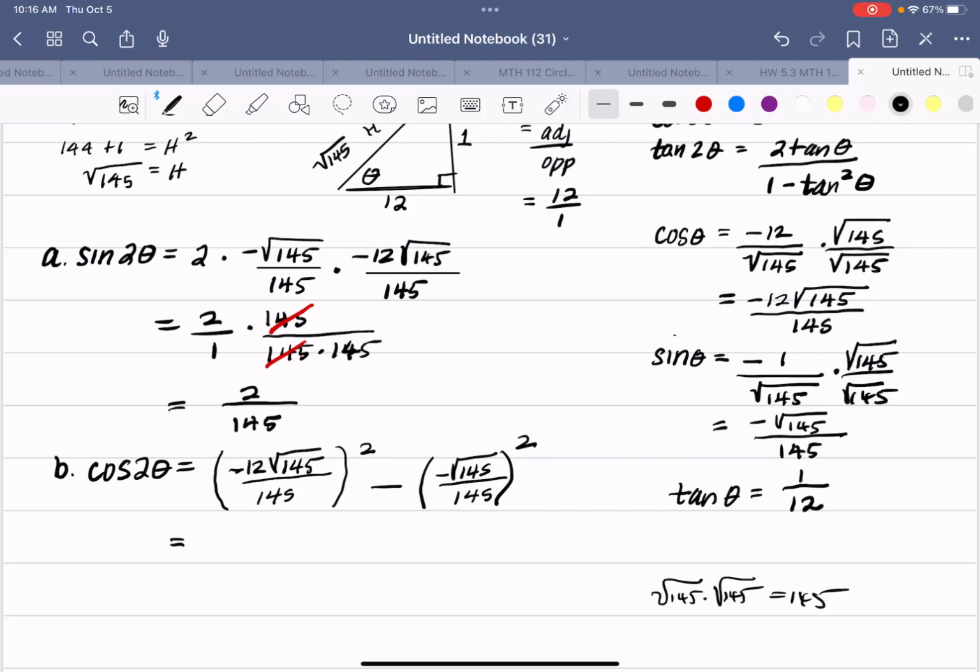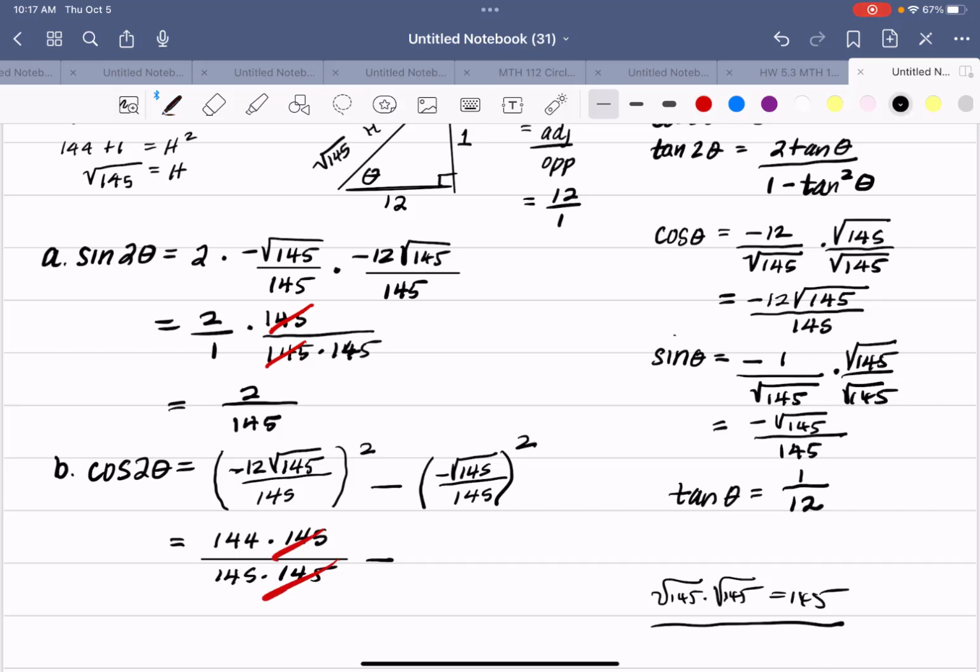So this is going to give me a negative 12 times a negative 12, which is 144. Square that square root, going to be 145. Remember, a square root times itself is going to remove the root. And in my denominator, I have a square, but I'm just going to write it out. 145 times 145, so I can see that I can reduce out one of the 145s.